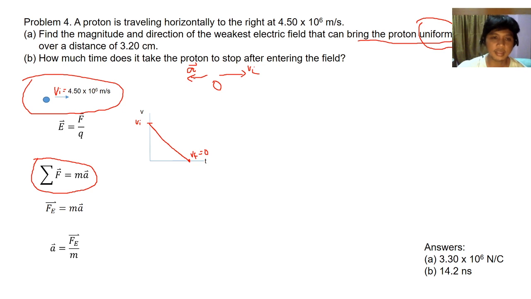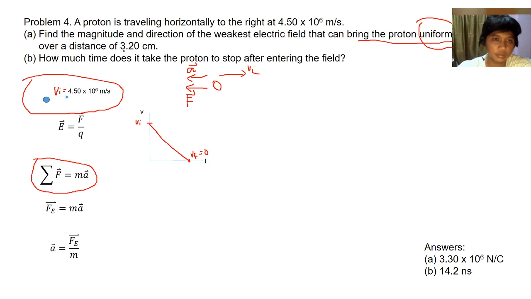And whatever the direction of that acceleration is also the direction of the net force that must act on it. So, in other words, for this object, our proton, to slow down, there must be a force in the opposite direction of its velocity so that it will slow down. These are things that you should have learned from grade 8 or grade 9, but let's just review it anyway.